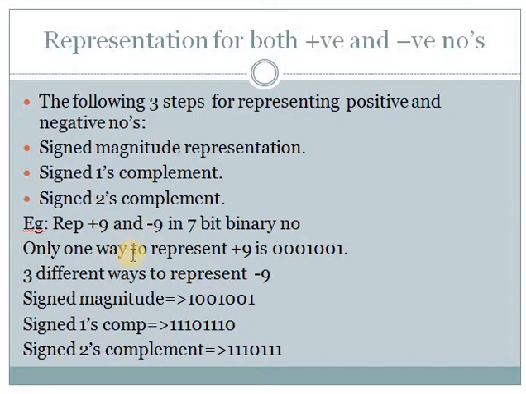There is only one way to represent +9. You know how to convert this integer into binary. See here, for 9, 0001001, that is for a positive number. There is only one way to represent it like this, but for a negative number we have to represent it in 3 ways.